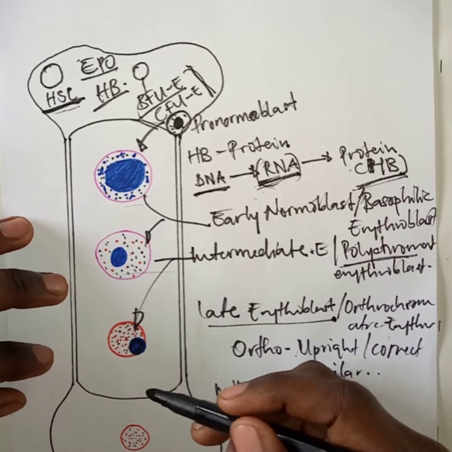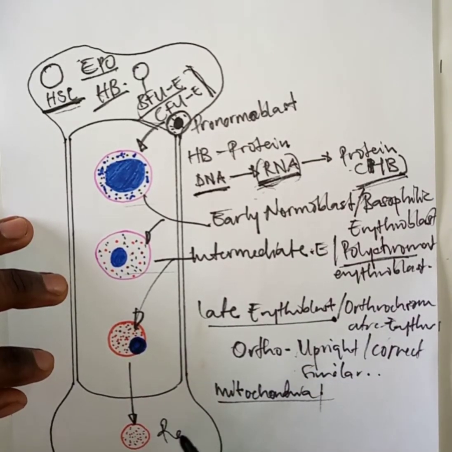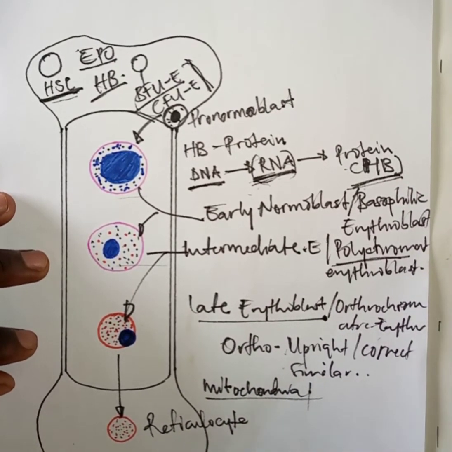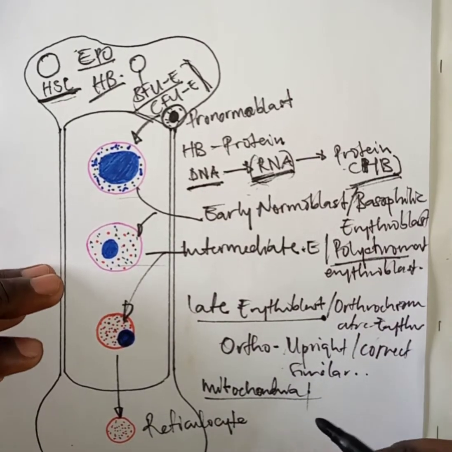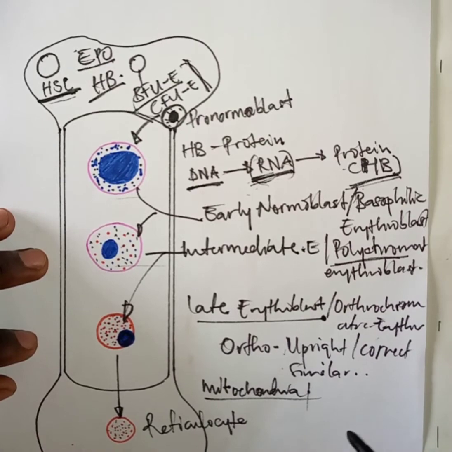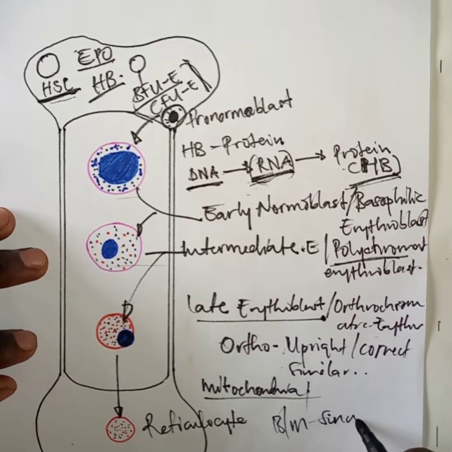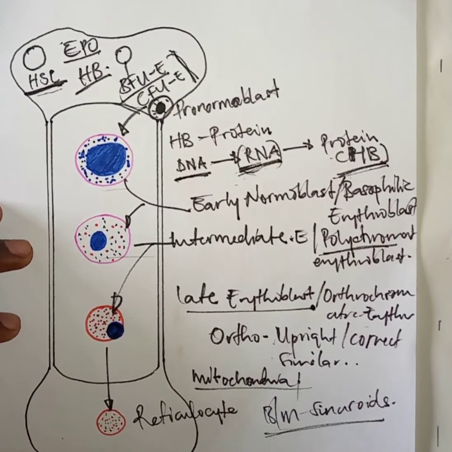It is giving rise to a cell called a reticulocyte. The reticulocyte is formed within the bone marrow, and it is sent into the bloodstream through the bone marrow sinusoids. The bone marrow sinusoids are small veins that drain material from the bone marrow.